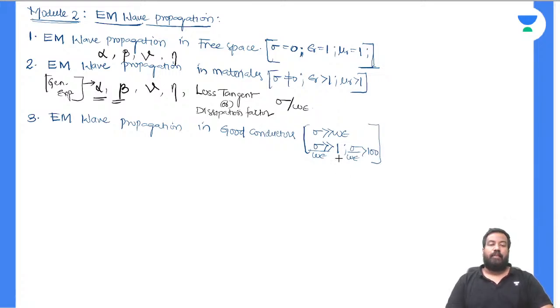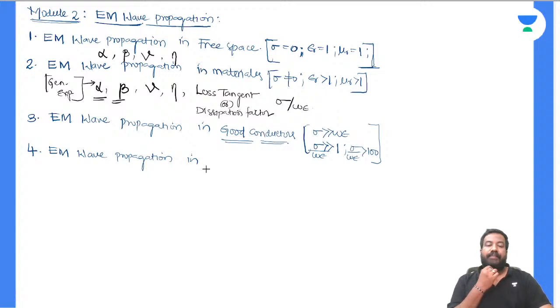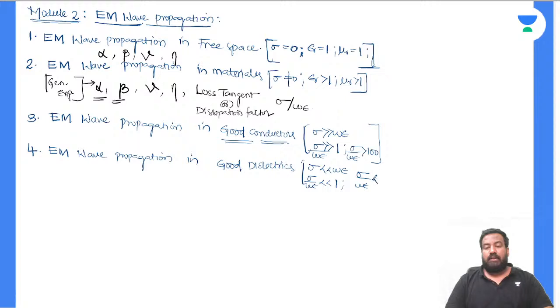This is what we have discussed in good conductors. Then we discussed EM wave propagation in good dielectrics, where sigma is far less than omega epsilon. Sigma by omega epsilon is far less than 1, less than 1 by 100, 0.01.